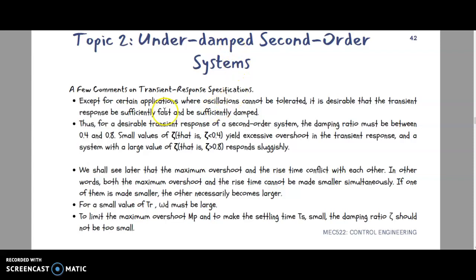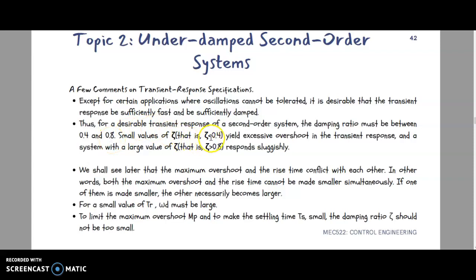The important thing here is we want to find the group response. For a desirable transient response of a second order system, the damping ratio must be between 0.4 and 0.8.